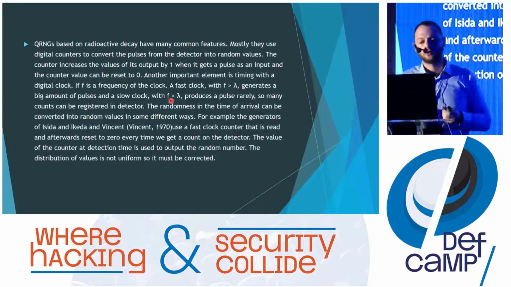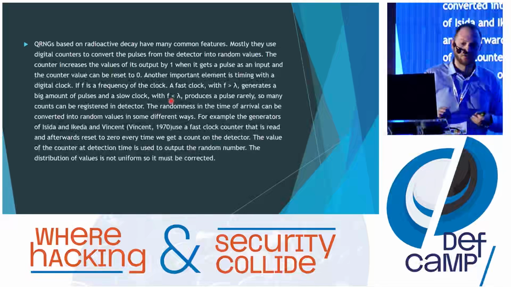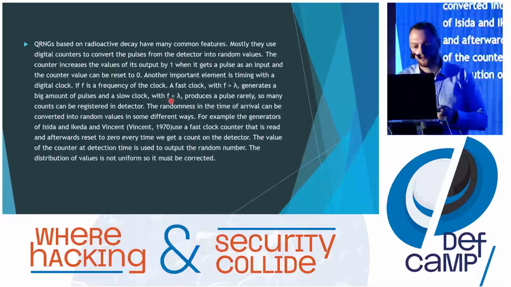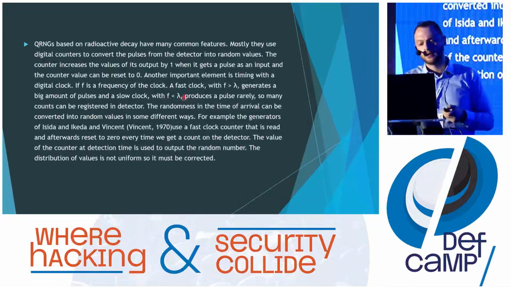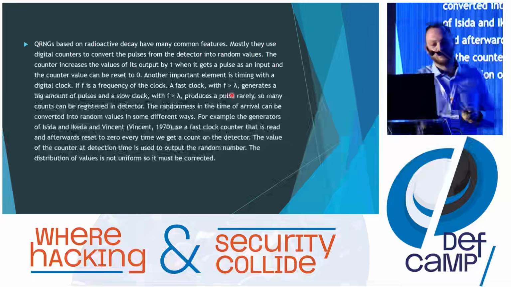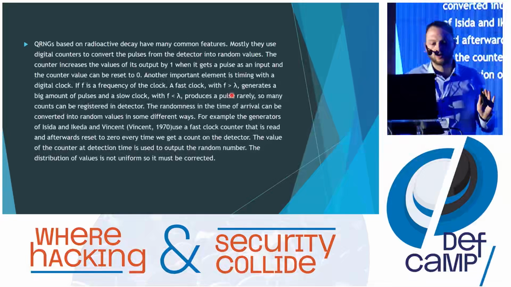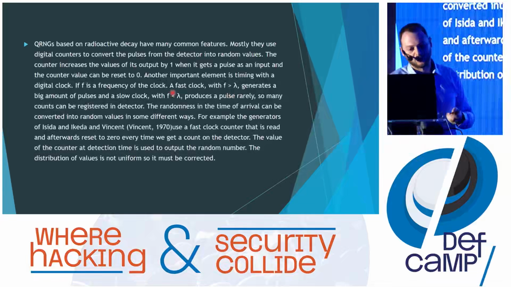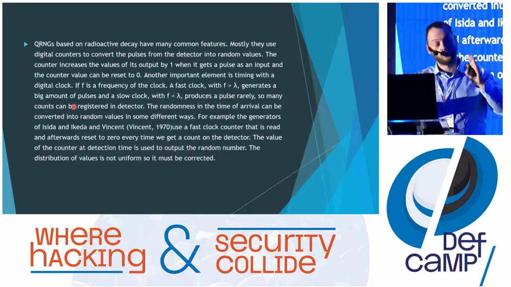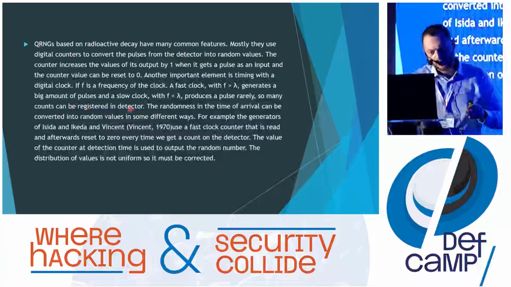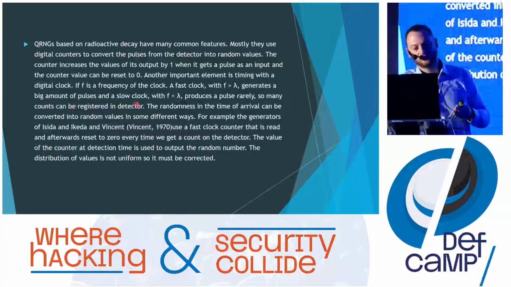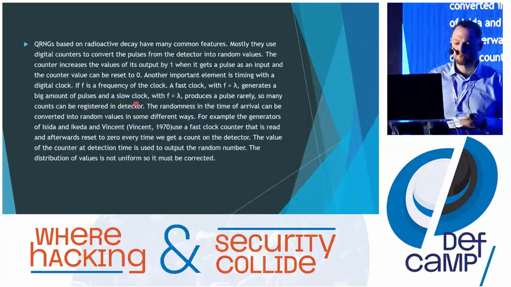Another important element is timing with a digital clock. If f is the frequency of the clock, when f is more than lambda, we say that it's a fast clock, so it generates a lot of pulses in some concrete time. And if f is less than lambda, then we say that the clock is slow.